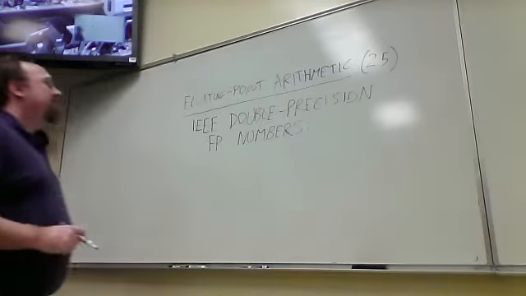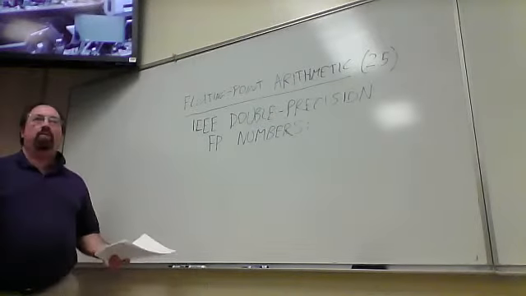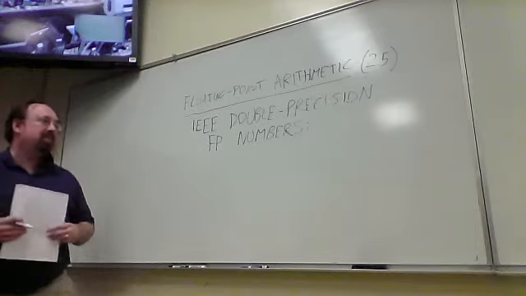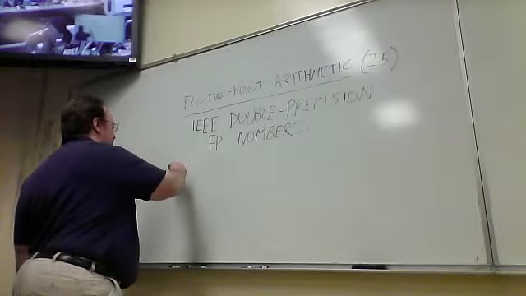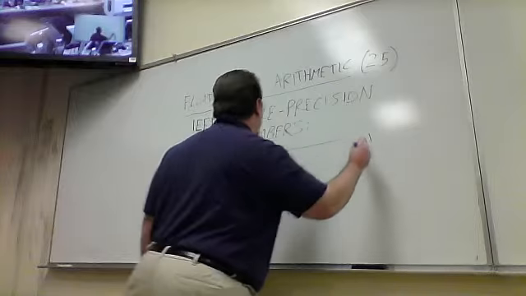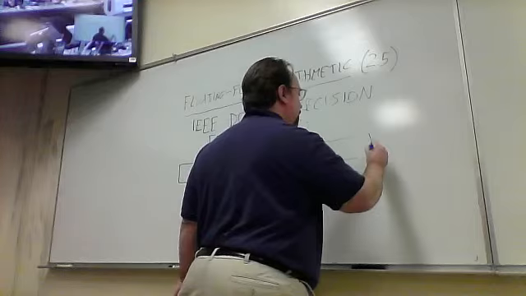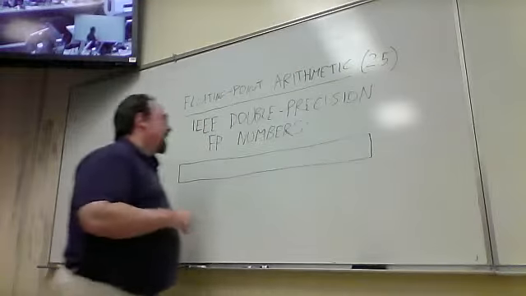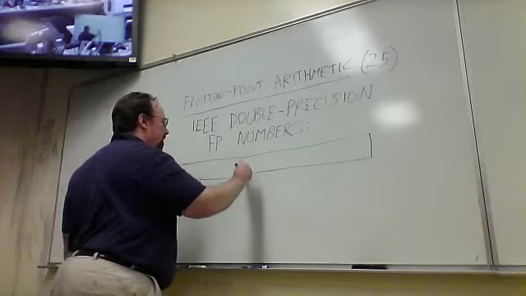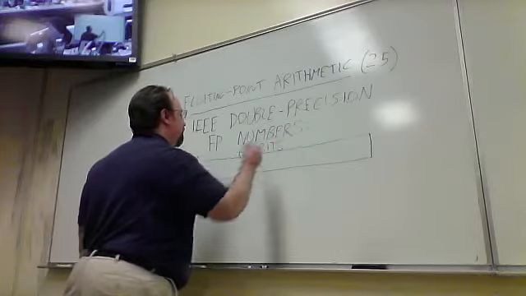Okay. So the way IEEE double precision floating point numbers work is a real number is represented using 8 bytes or 64 bits. So here's how the 64 bits are used. I'll just focus on this number system, and that will allow me to describe the essential features of any floating point number system. Okay, so I have a grand total of 64 bits.